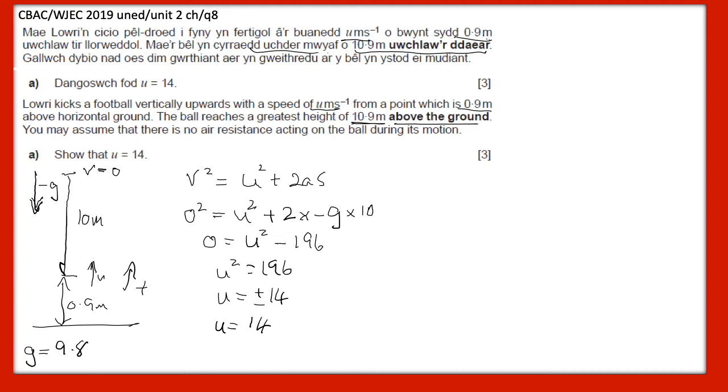Technically, if I'd got it all acting the opposite way, my u would have been considered to be minus 14 meters per second, but that's not really that relevant in this particular case.